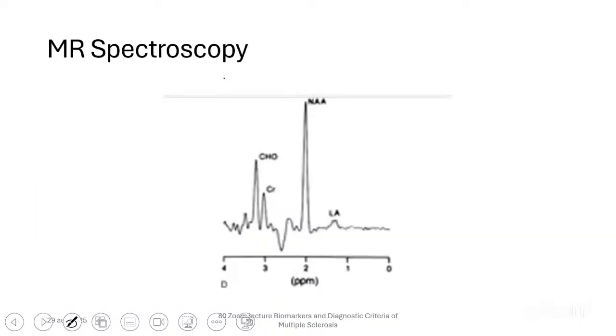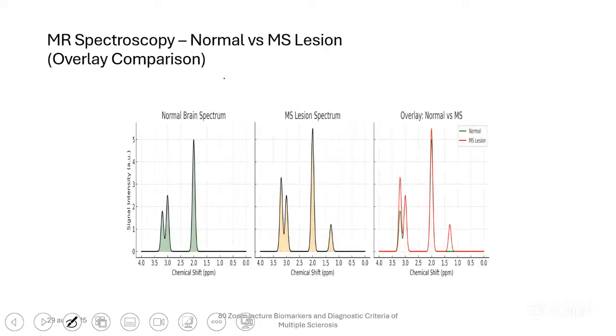Then the MR spectroscopy, you have spectroscopy peaks: choline, creatine, NAA, and lactate. In the normal brain spectrum, the chemical shift is on the x-axis and the signal intensity on the y-axis. But we are not concerned more with this. You can see that the MS spectrum has a reduction. If you see the overlay of normal versus MS, you can see them.